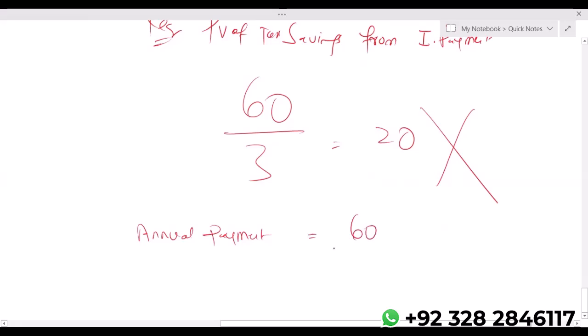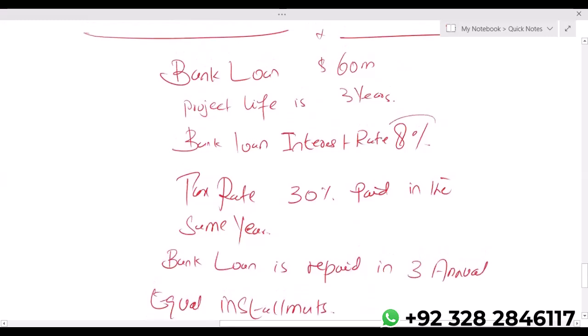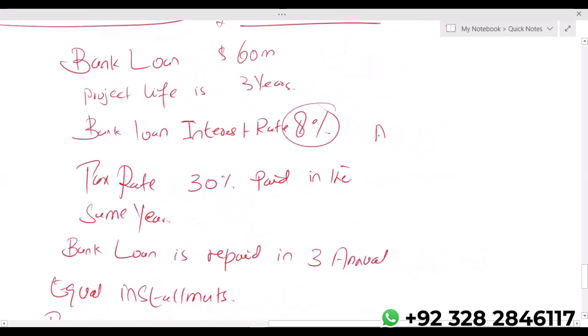Simply the amount of the loan divided by annuity factor at 8% for 3 years, because project life is just 3. (1 minus 1.08^-3) divided by 0.08. Let's see what I'm getting. Students, I'm getting 2.577.